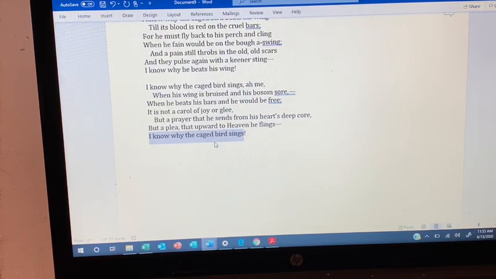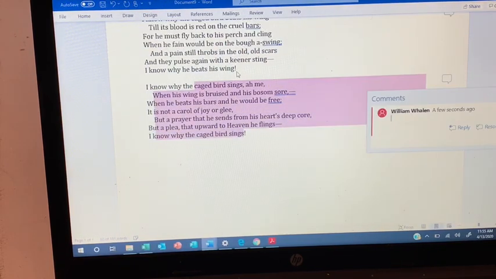So what is our theme when in each stanza we see over and over again these motifs of imprisonment juxtaposed to freedom? So let's take down our theme statement. What can we say about this?